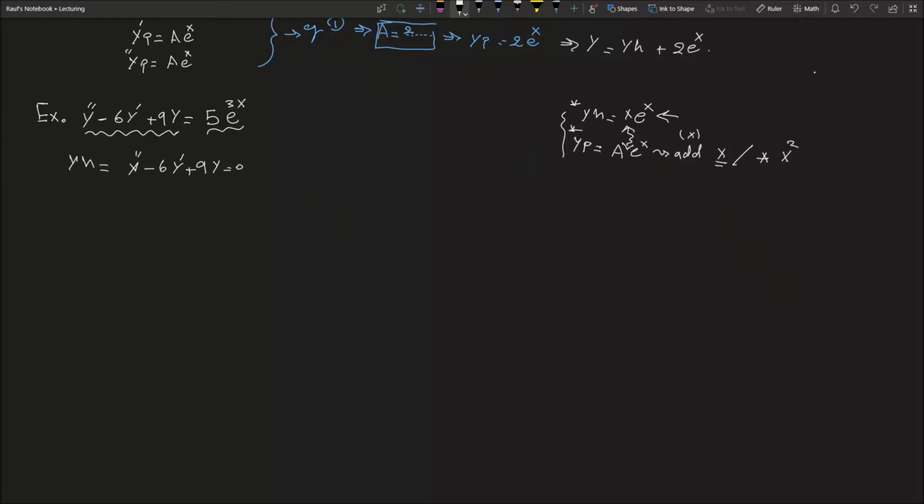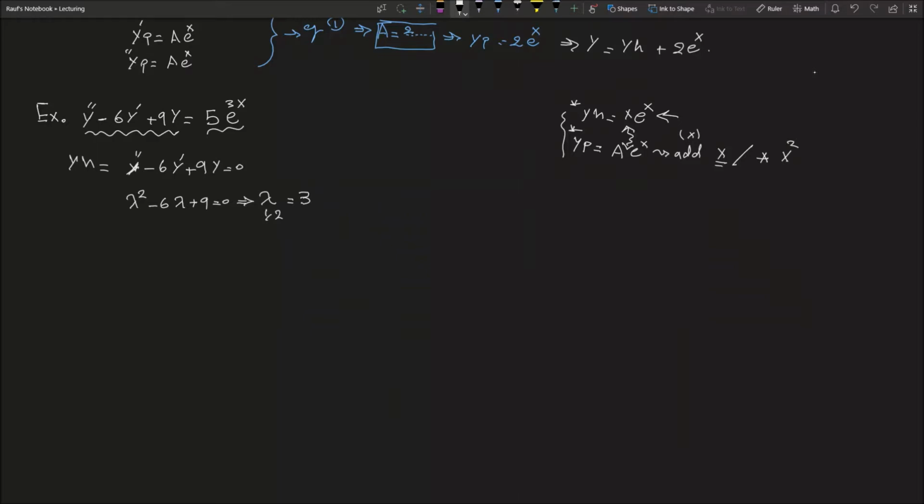You can easily say lambda squared minus 6 multiplied by lambda plus 9 equals 0. Go to your calculator or try to solve it on paper. You can find that lambda 1 and 2, this is the repeated roots case, if you remember, equals 3.